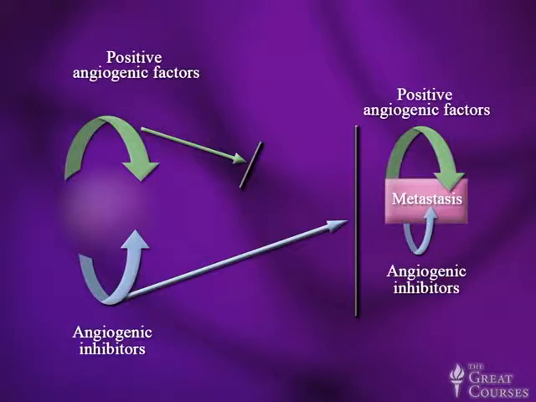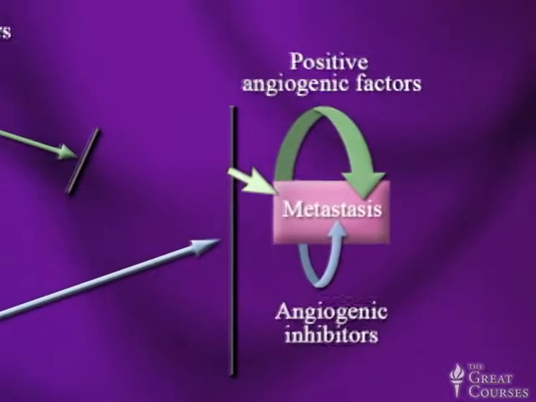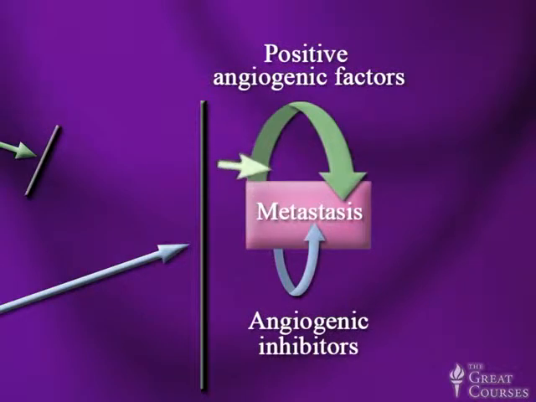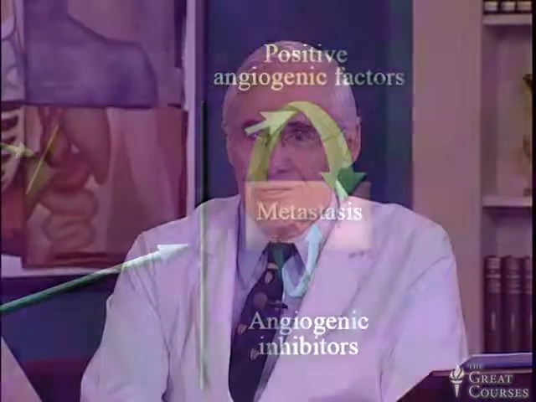What's happened? We have removed all the sources now for both inhibitors and angiogenic factors from the primary, and now this is behaving like a primary. It's got that unbalanced leaning toward the positive angiogenic factors, and it begins to grow wildly.